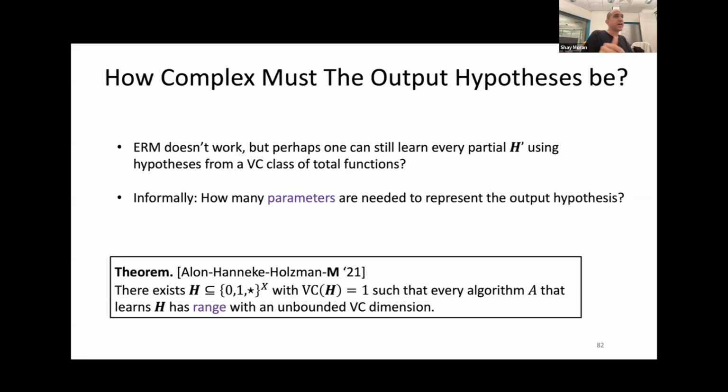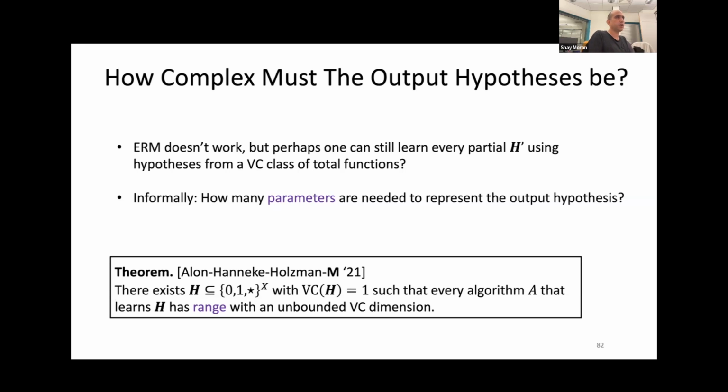And the question is, can you complete the stars in this matrix to 0 or 1? Can you replace each star with either a 0 or 1, such that the VC dimension remains bounded? So maybe it will not be 1, but it will be 1,000 at most. Combinatorially, this is the heart of all of these results.